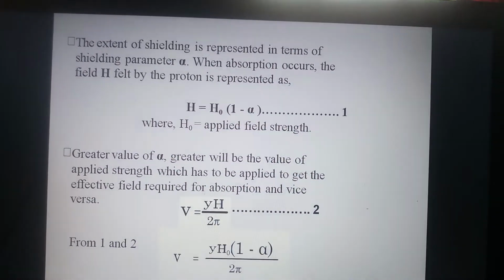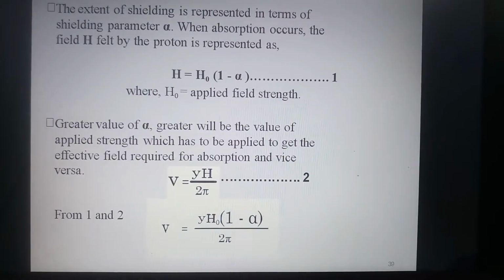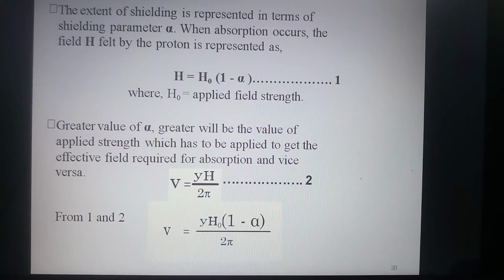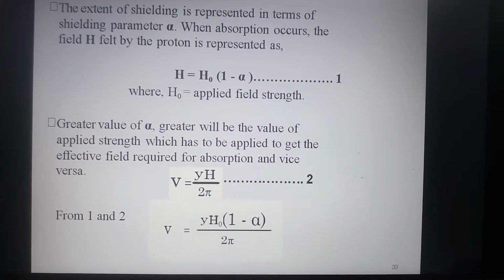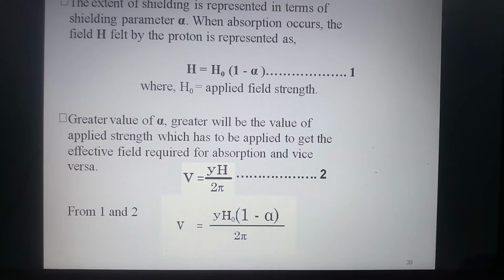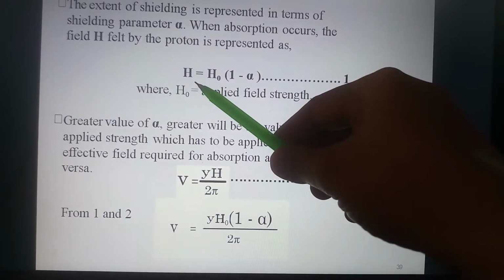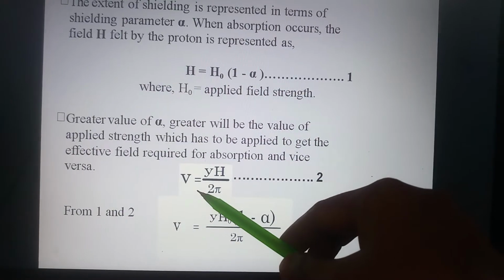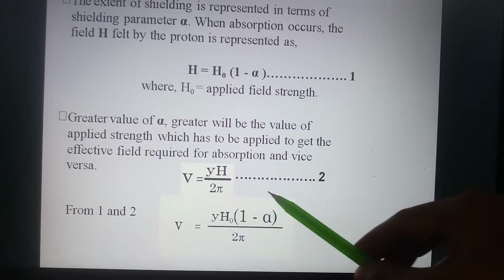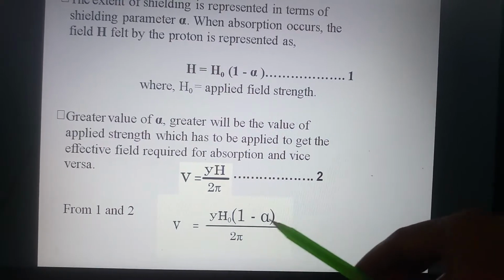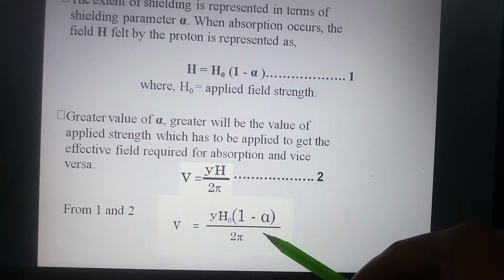The greater the value of alpha, the greater will be the applied field strength which has to be applied to get the effective field required for absorption, and vice versa. If we put the value of H here, nu = gamma H / 2 pi, we will get nu = gamma H0 (1 - alpha) / 2 pi.